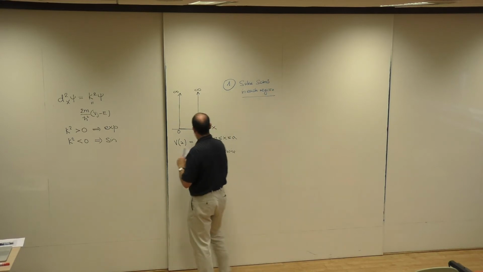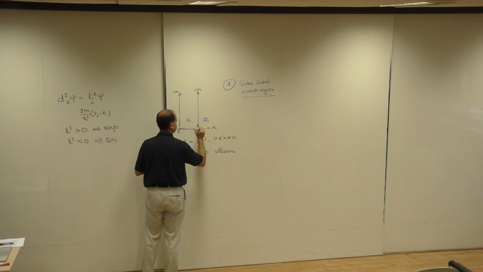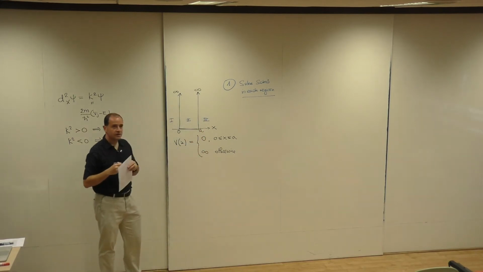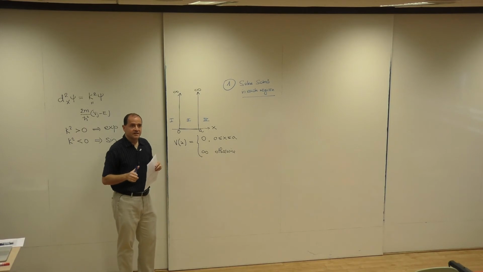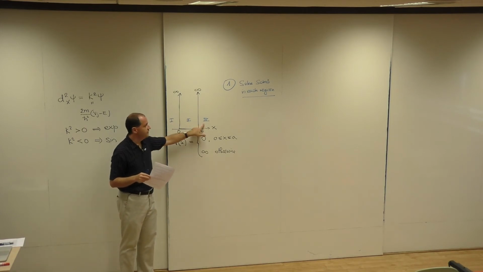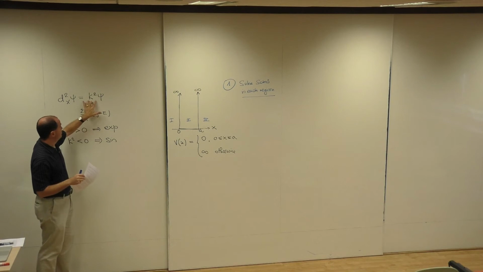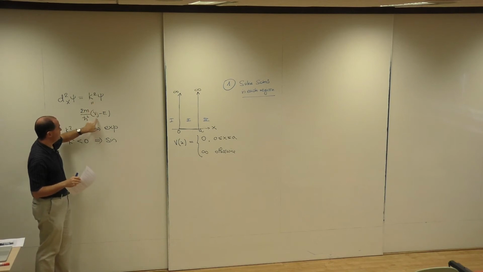Right, so I have 3 regions. We have region 1, region 2, and region 3. Now, however, in this case, the solution in region 1 and region 3 is kind of trivial because you have this equation, but the potential is infinite.